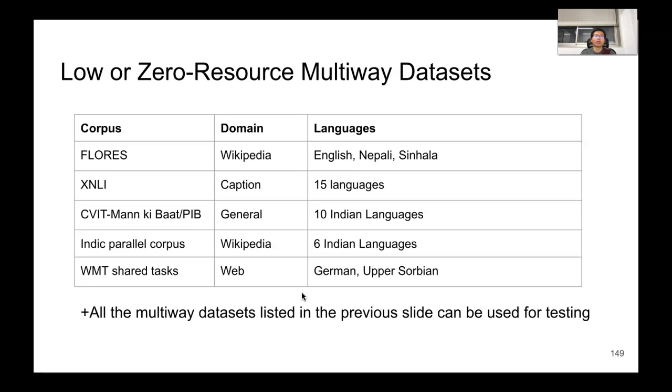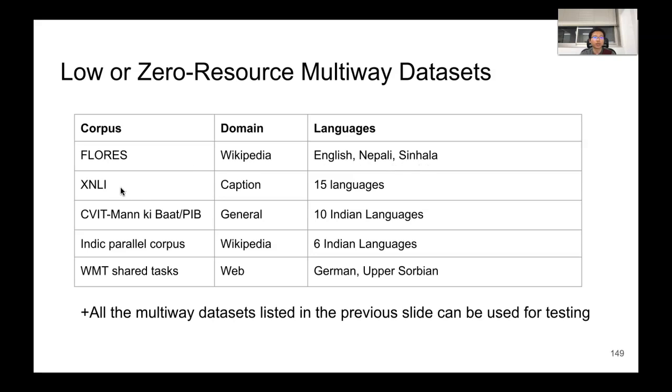Next is about low-resource or zero-resource Multiway datasets. Here I listed a few of them, categorized by domain and language. We have the corpus called FLORES, which is a Wikipedia domain corpus consisting of English, Nepali, and Sinhala.